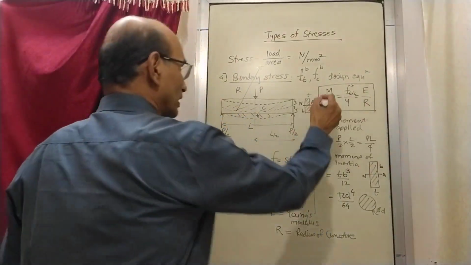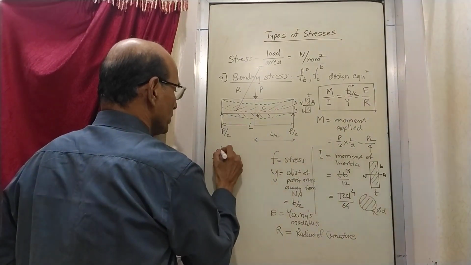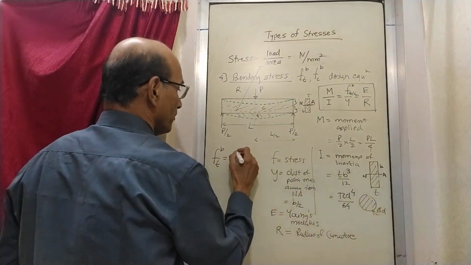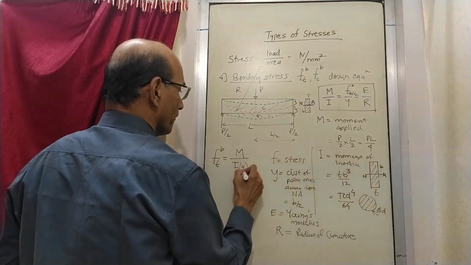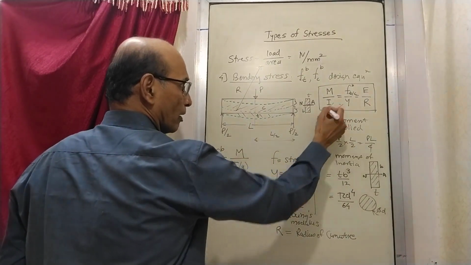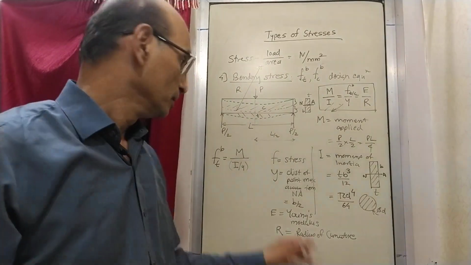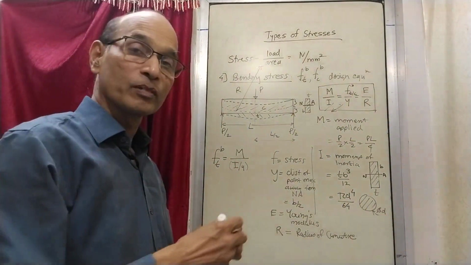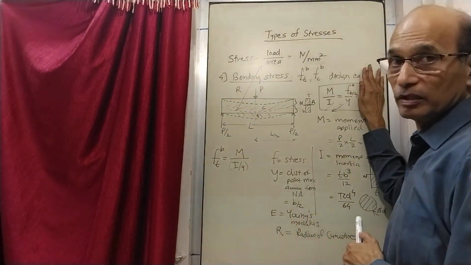So now if I write your formula for bending stress, then I can write FTB equal to M upon I by Y. This Y is brought here, I by Y. So M upon I by Y is equal to stress is the formula for bending stress. For the time being, I am not using this part.